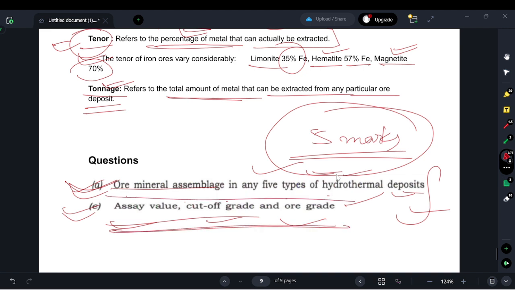Other than this, anyone having any doubt up till here? Students, anyone having any doubt about the question, about how to write it, or in the lecture that I have just taught?